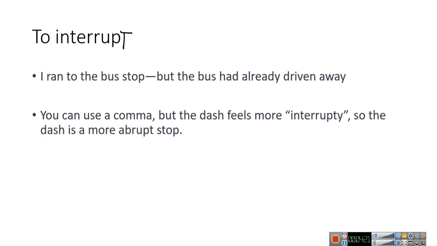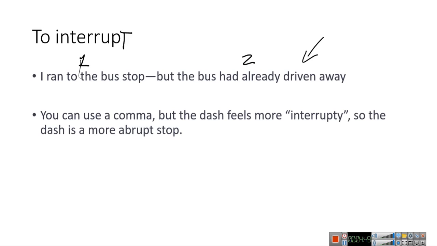So Juli, what is the interruption in this sentence? The first one. The dash. But what part of the sentence is being interrupted? This one or this one? The second. All right, that is correct.